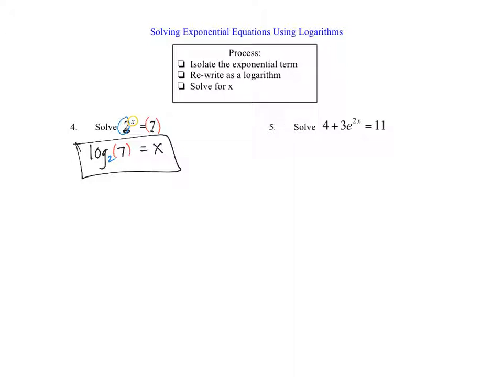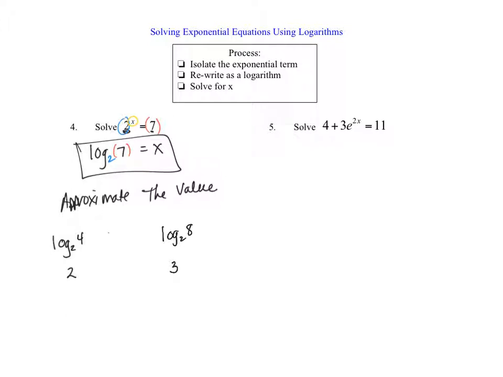Now, if we were asked to approximate this, what you can do is use some logarithms that we do know that are close by. So, for example, log base 2 of 4, that's saying 2 to some power is equal to 4, and 2 squared is equal to 4. So that simplifies to 2. And then log base 2 of 8, 2 to what power is 8? That's 3.